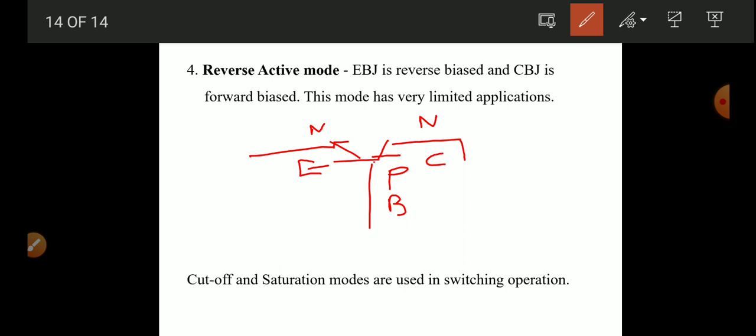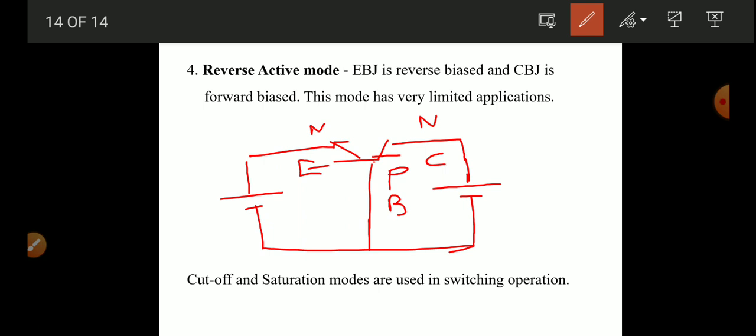The emitter base junction is reverse biased, meaning the N-type is connected to the positive terminal of the battery. That's how the emitter base junction is reverse biased. In the collector base junction, forward biasing means the N-type collector region is connected to the positive terminal of the battery and the negative to the base. This is how we can bias the transistor in reverse active mode. But this mode has very limited applications.